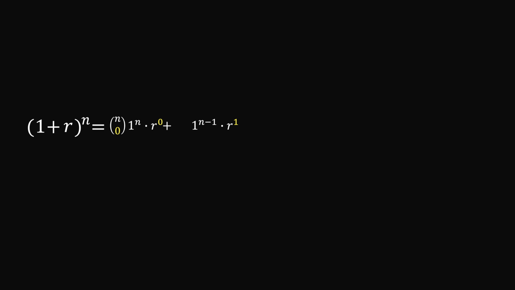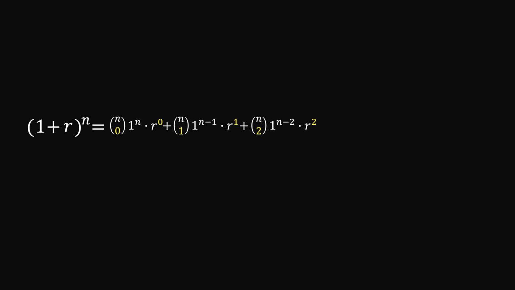Then we have 1 to the power of n minus 1 times r, meaning roll n minus 1 times, grows once. The coefficient is the number of ways to pick 1 out of n. Then 1 to the power of n minus 2 times r squared, meaning roll n minus 2 times, grow twice.